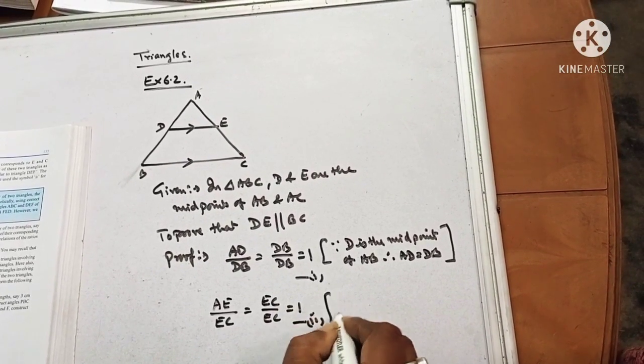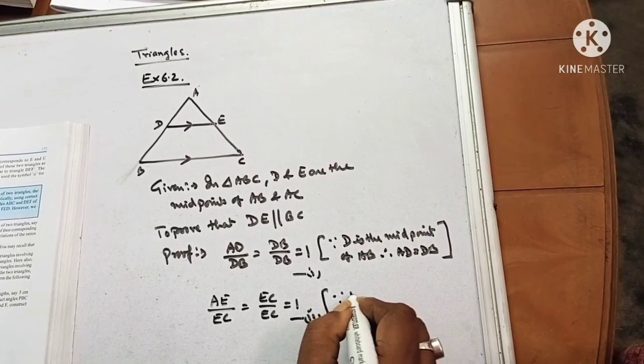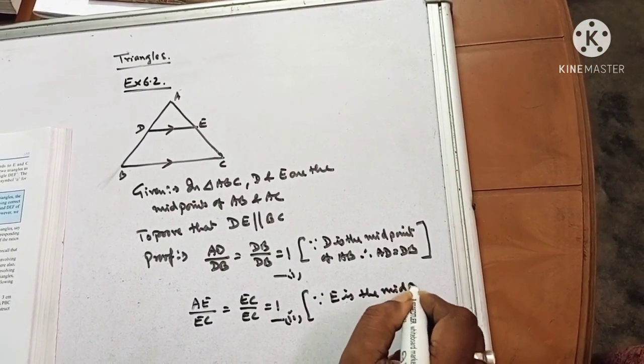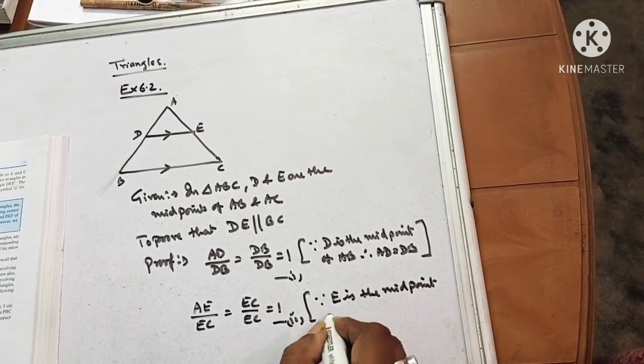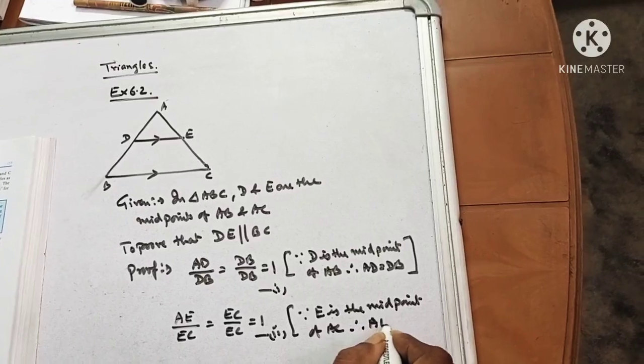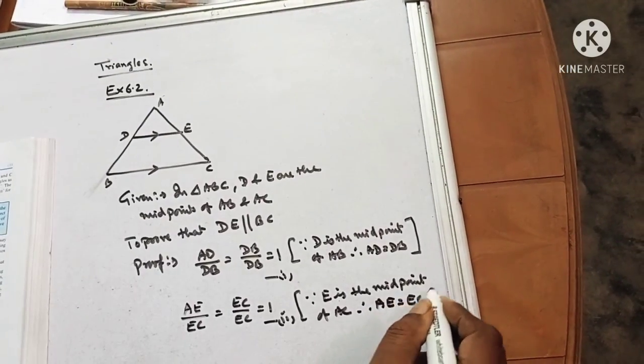Here again, since E is the midpoint of AC, therefore your AE is equal to EC.